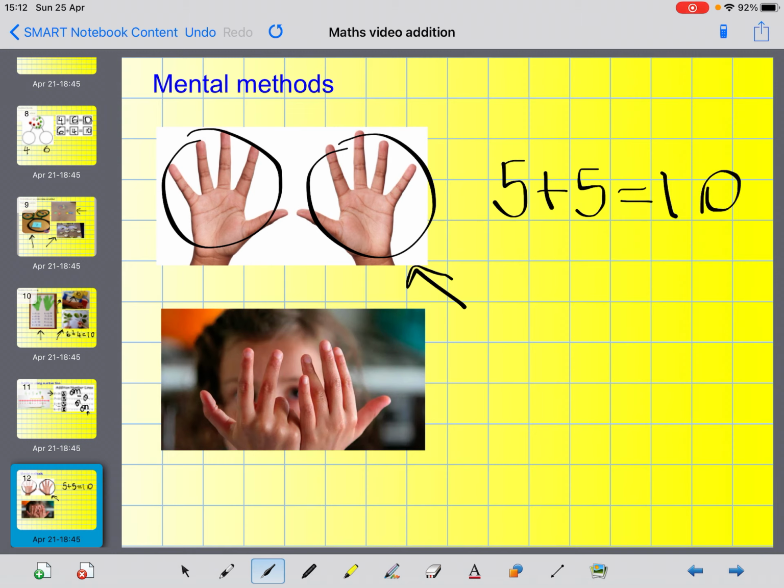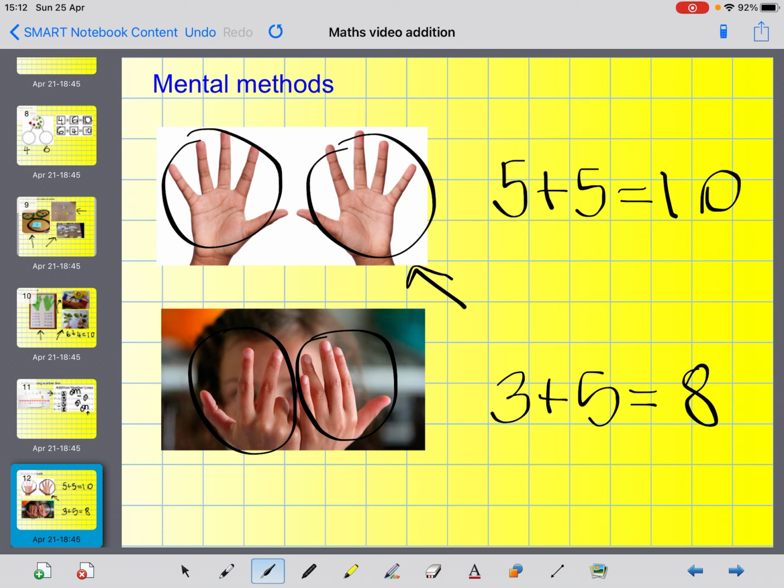And I've got here also 3 fingers on my one hand, and I'm going to add 5 on my other hand. So 3 plus 5 equals 8. So using our fingers is a very useful way of learning that I can work things out for myself. And I don't need any objects or pictures anymore.